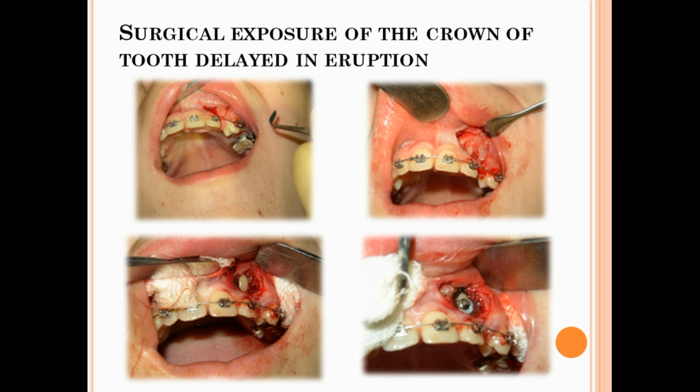At the second stage, fixation of a bracket or a hook on the tooth for the subsequent extension of it with the help of the orthodontic apparatus. Surgical exposure of the tooth crown combined with compact osteotomy reduces the total time of orthodontic treatment.